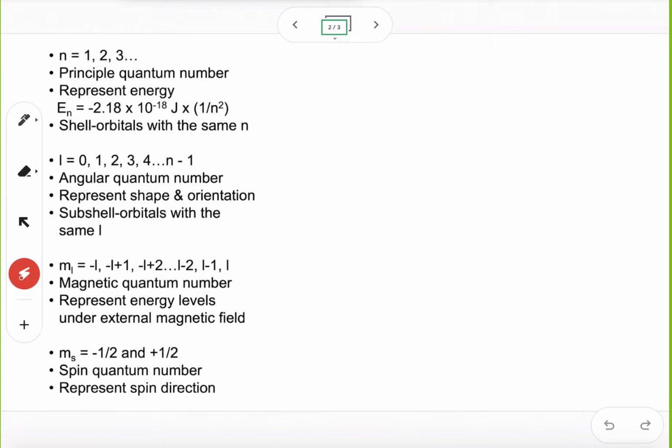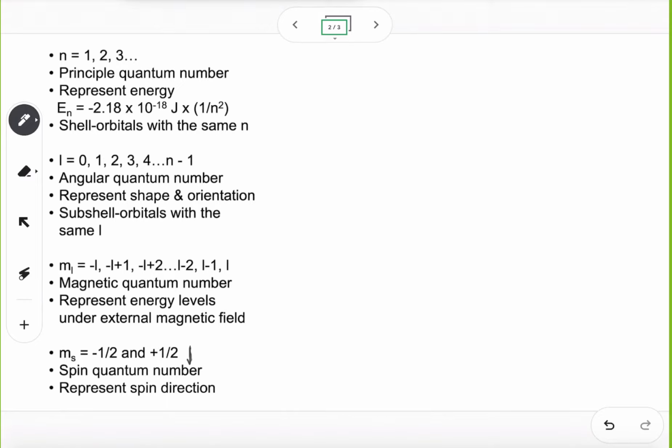The last quantum number is spin quantum number. We use MS to represent spin quantum number. It has 2 values, negative half, positive half. The meaning of MS is the spin direction. For instance, when you have negative half, that means the spin direction is pointing down.